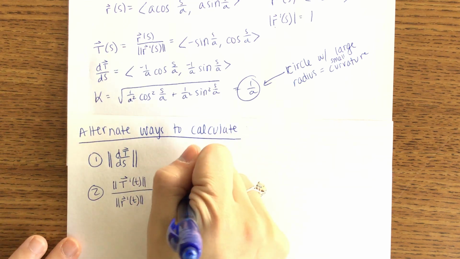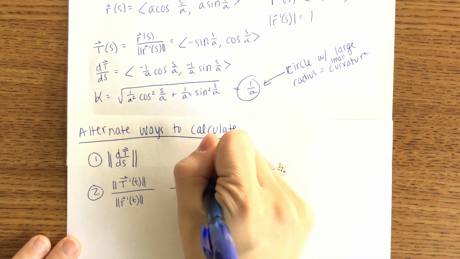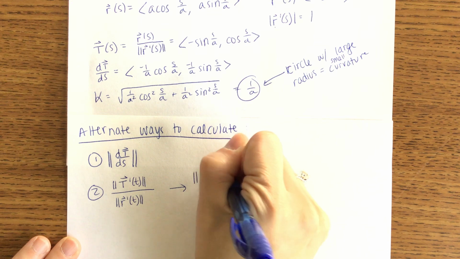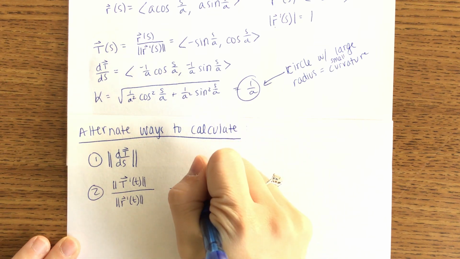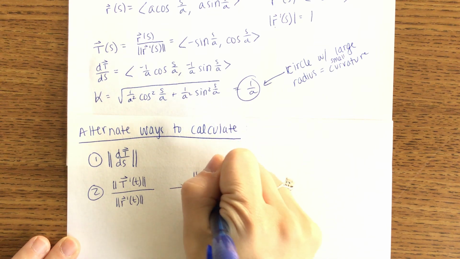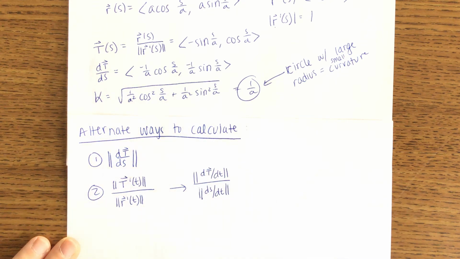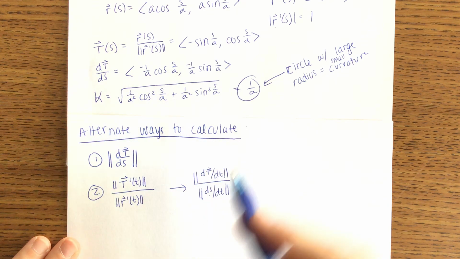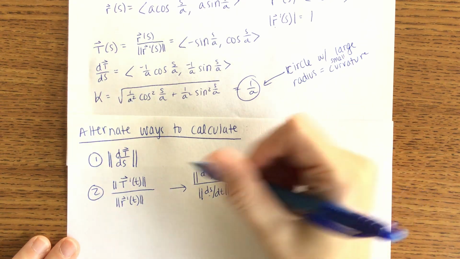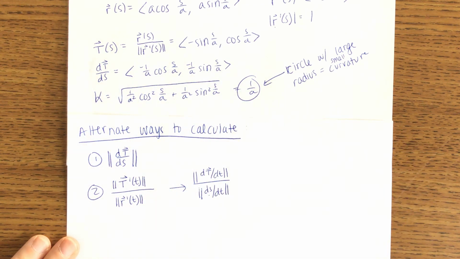Here's why you can do that. That numerator is really the norm of dT/dt. Denominator is the norm of ds/dt. We already talked about how these are equal. So you should see how that gets us back to the definition.